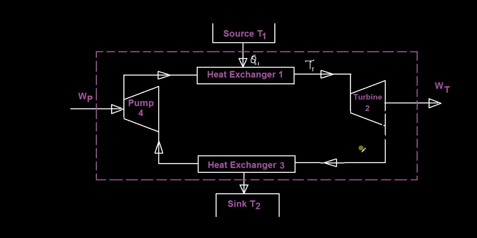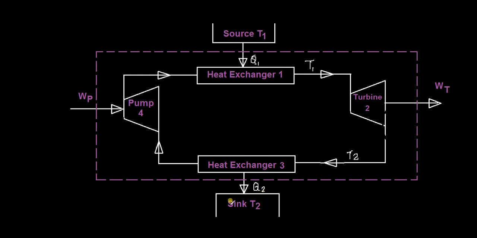As it leaves the turbine, the temperature changes to T2, and then you have another heat exchanger that is operating at a temperature of T2 and discharges a heat of Q2. Let's say this is Q2 to the sink.